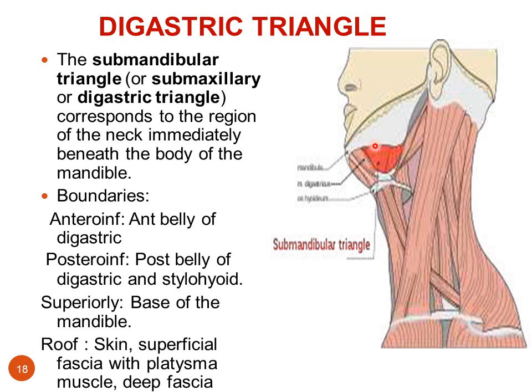The roof is formed by the skin, superficial fascia containing the platysma muscle, the cervical branch of the facial nerve which supplies the platysma, some cutaneous nerves, and the investing layer of deep fascia. So these are the structures in the roof of the digastric triangle.